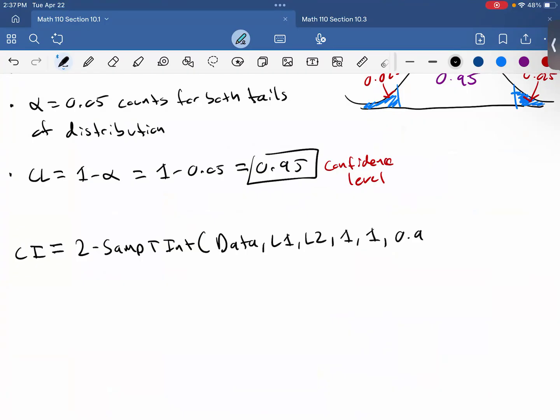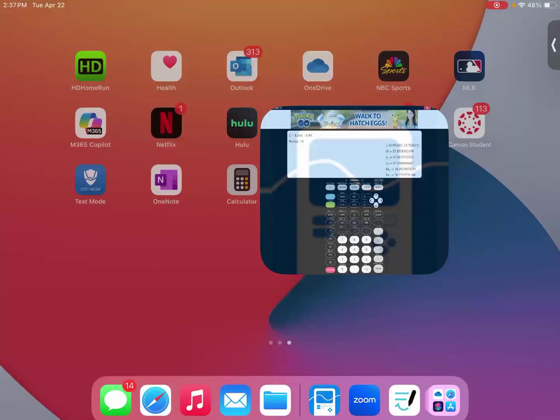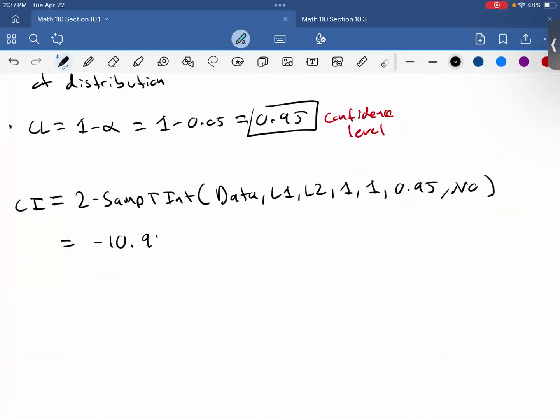We had a 0.95 confidence level, and our pooled was no. And so what we obtained was negative 10.95 and 12.77. Okay, so negative 10.95 is less than mean 1 minus mean 2, their difference, which is less than 12.77.